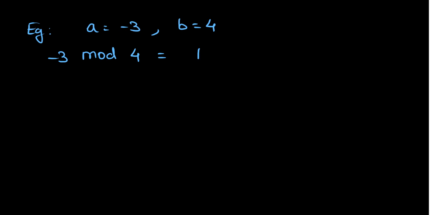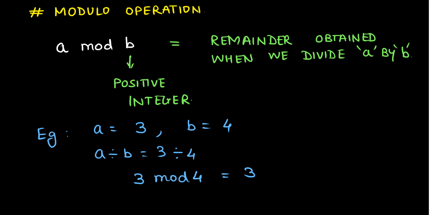So how is it? If we divide this minus 3 by 4, we have here minus 1 into 4, and so it would lead to a remainder of 1. So the remainder that we are obtaining is 1. So this modulo operation is simply the remainder, provided the value of this b is a positive integer.